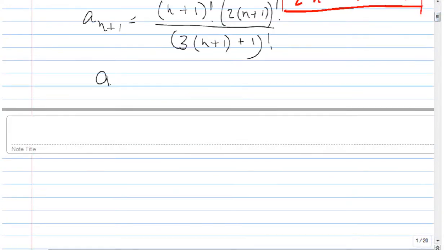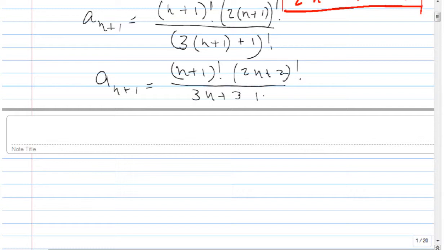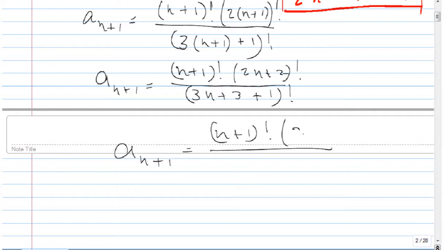So a_(n+1) equals (n plus 1) factorial times (2n plus 2) factorial over (3n plus 3 plus 1) factorial, which gives us a_(n+1) equals (n plus 1) factorial times (2n plus 2) factorial over (3n plus 4) factorial.